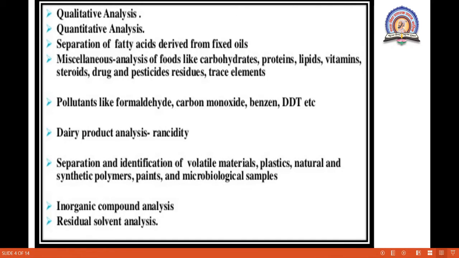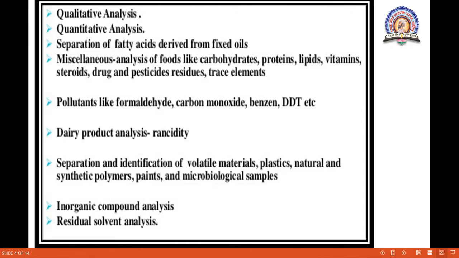Another way, this gas chromatographic technique is used in qualitative analysis and quantitative analysis, separation of fatty acids derived from the fixed oil, then miscellaneous analysis of food like carbohydrates, proteins, lipids, vitamins, steroids, drugs and pesticide residue.